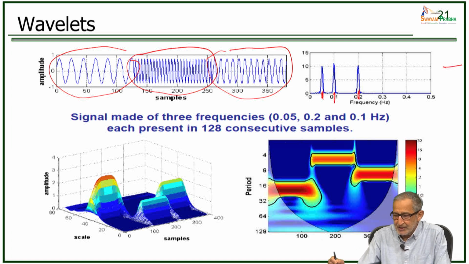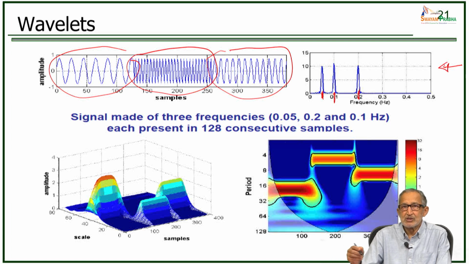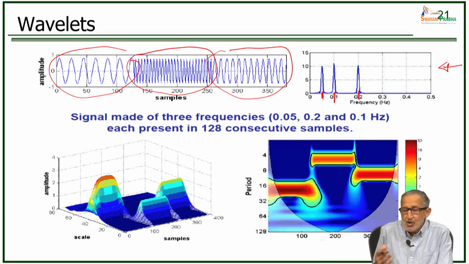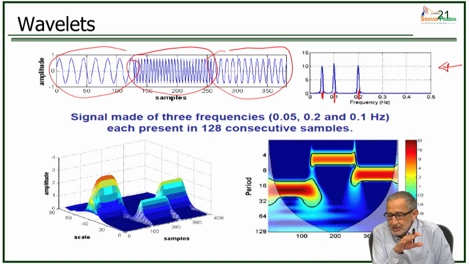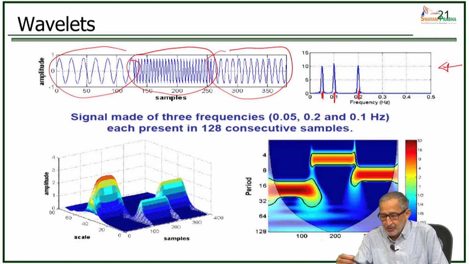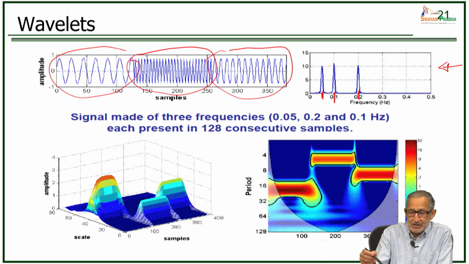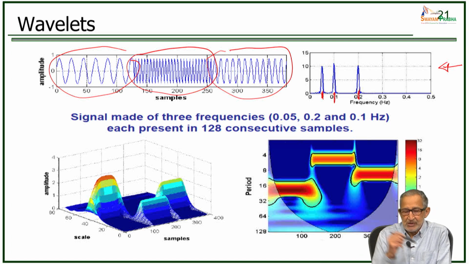But when you look at this spectral plot on the top right hand plot, the localization of the frequencies with respect to time, that information is lost. We don't know from this plot alone when the low frequencies started, or when the high frequencies started. You can see that here in the temporal plot.